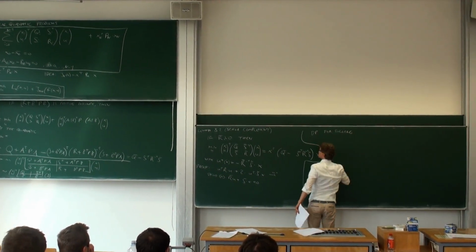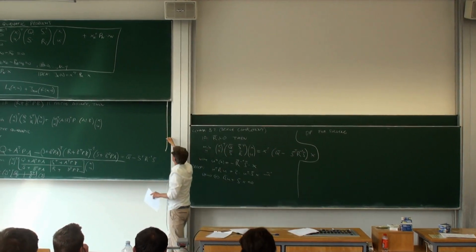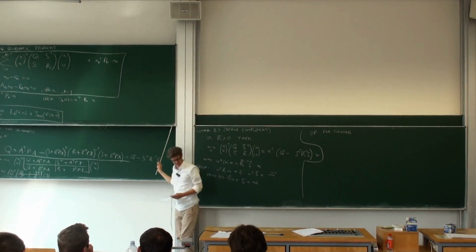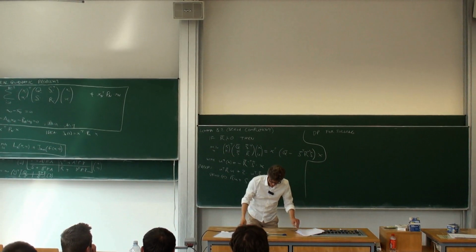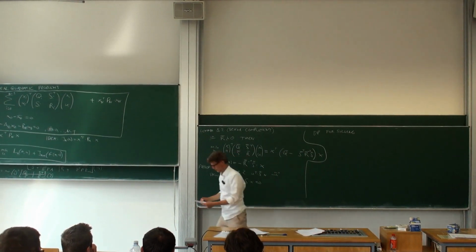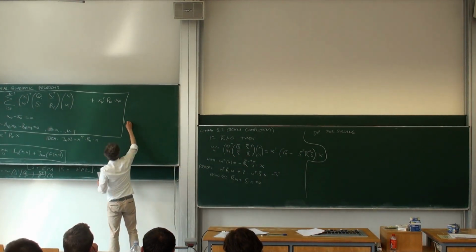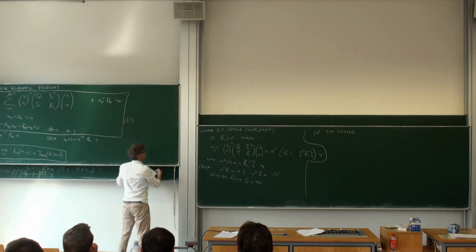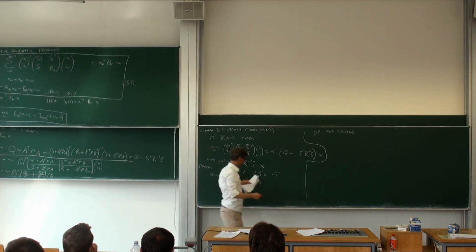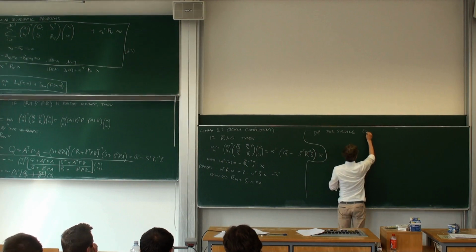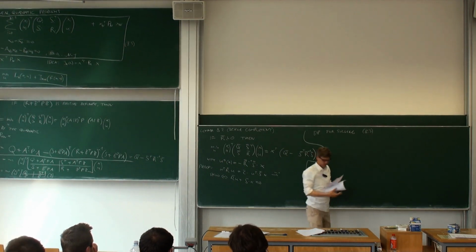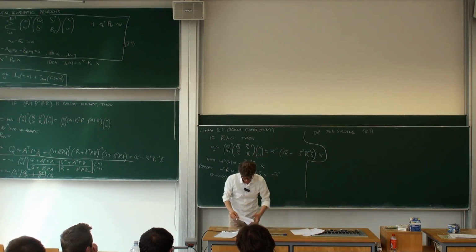So for solving which problem? The one that we have here at the top. I should give it a nice index. I give it the same index we have in the script. So that's problem 8.3. So in order to solve that problem 8.3, we go through the following steps.